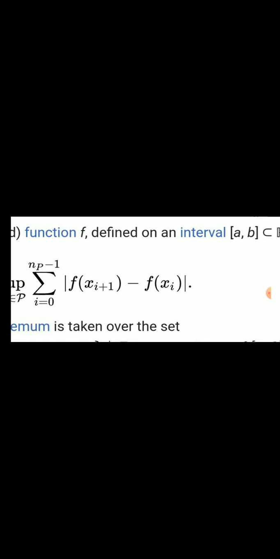So if f from [a, b] to R is a function, assume a partition x0, x1, up to xn. With this partition we measure the differences between two consecutive points: the absolute value of f of x i plus 1 minus f of x i, summed over the whole interval, from i equals 0 to n minus 1.